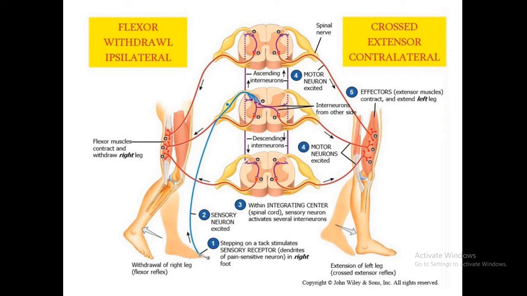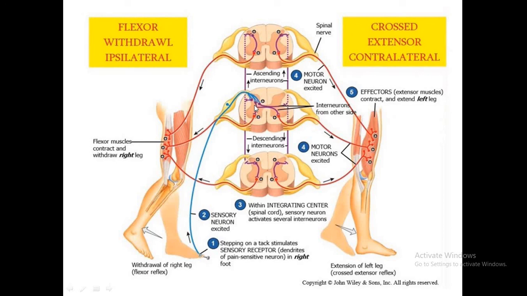If we step on a tack or something harmful to us, on this side of the picture we have the right leg. It will cause the withdrawal of this leg. If we step on something hard or something that will cause pain or may harm us, it will send a sensory stimulus via the sensory neuron to the spinal cord, through the dorsal root and to the gray matter.